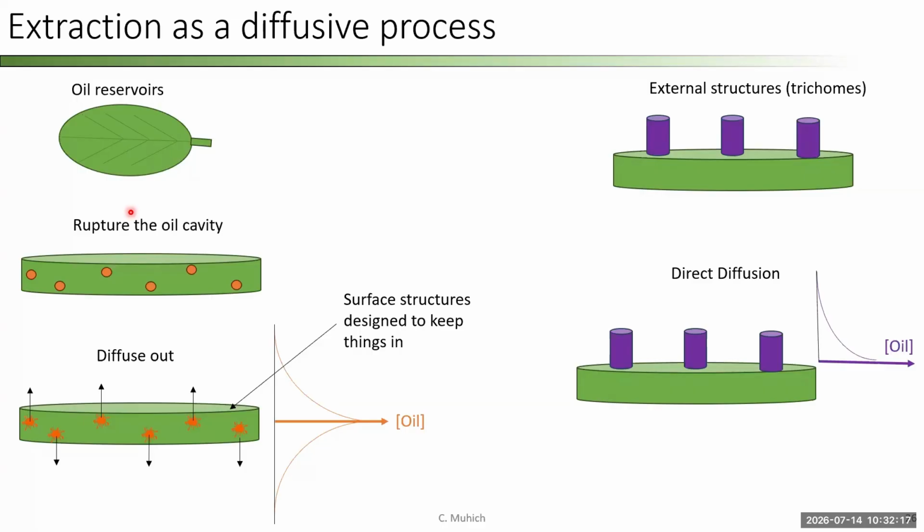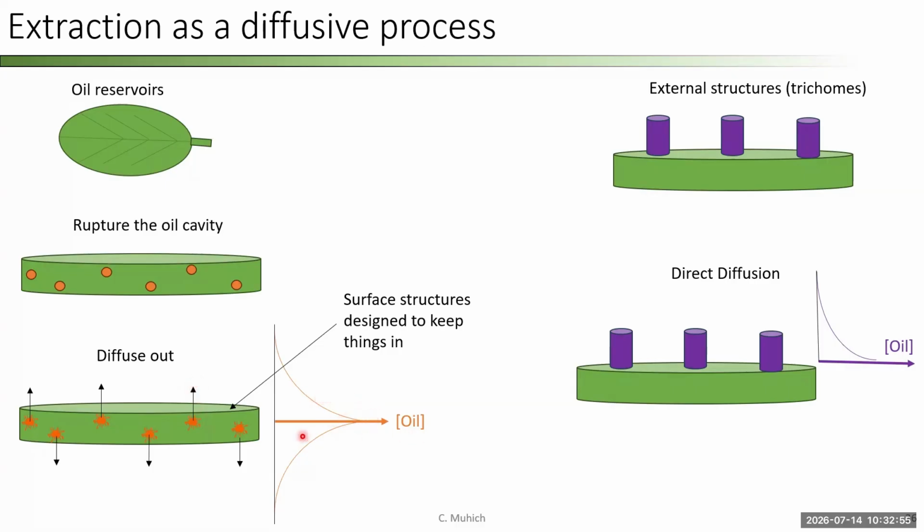Of course, this is going to happen slowly, naturally, because these oil cavities are designed to retain the oil, and the surface of the leaf is designed to keep things in. So we generally have to rupture the oil cavities and break those epidermal cells that sit on the structure of the leaf. But once we've done that, we're now able to have diffusion of these oil molecules out.